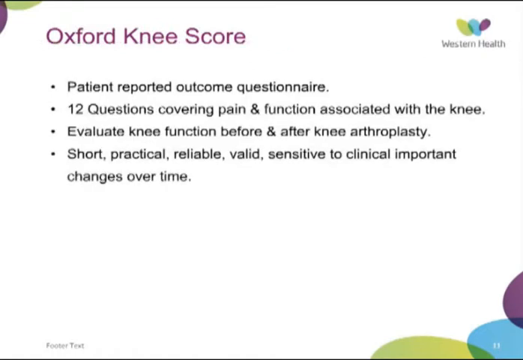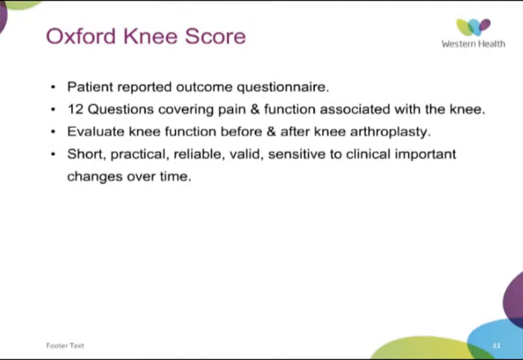With the Oxford knee score, it's a patient-reported outcome questionnaire, so the patient usually fills in the form with or without the assistance of the physician. There are 12 questions, and they cover pain and function associated with the knee.